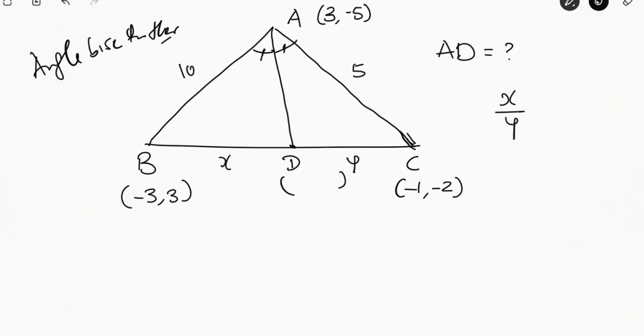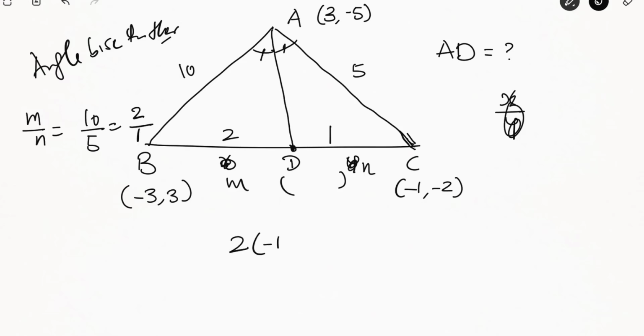X over Y, let's write it M is to N. That will be more intuitive, right? M over N is 10 over 5, 2 over 1, and this problem is now very simple. You have to find the coordinates of D which divides this line segment in the ratio of 2 to 1 internally.